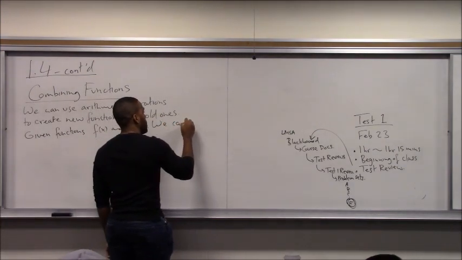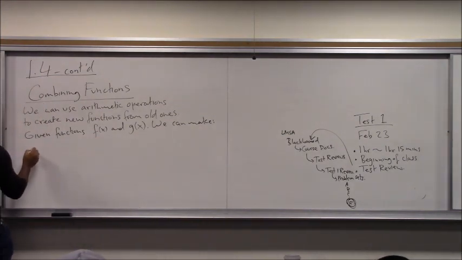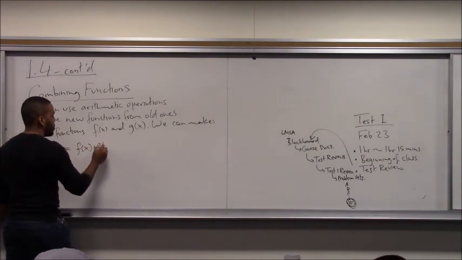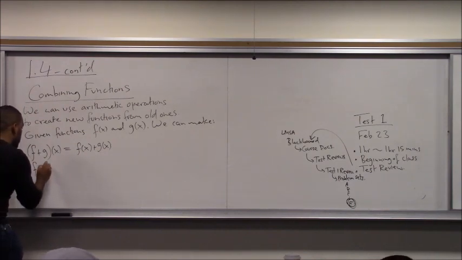We can make the following functions. We can call f plus g of x, which by its definition is you add the formulas for these two functions. You add the two outputs, and you've created the output for the f plus g function.